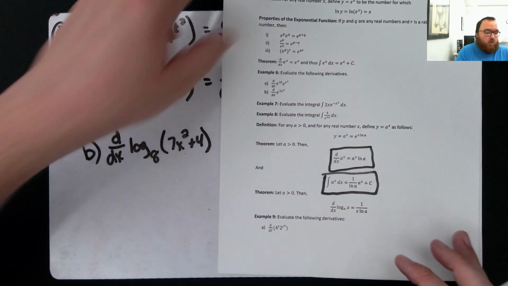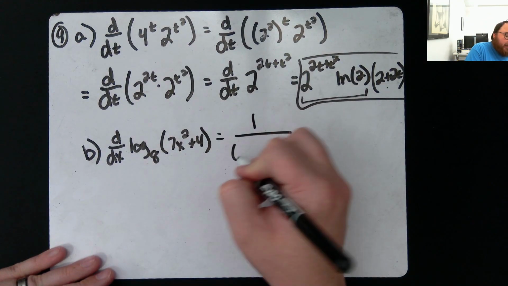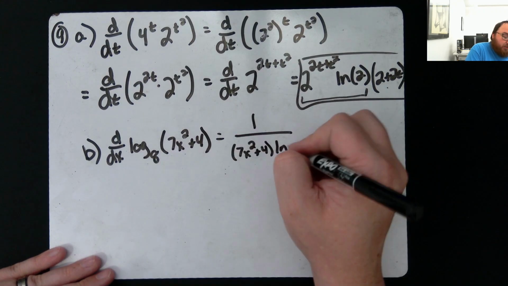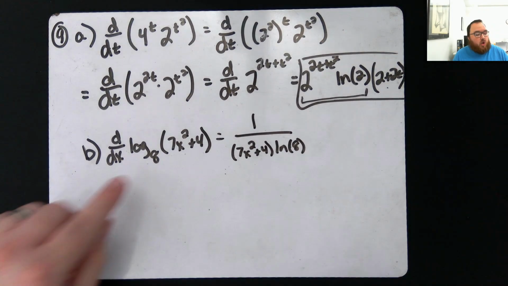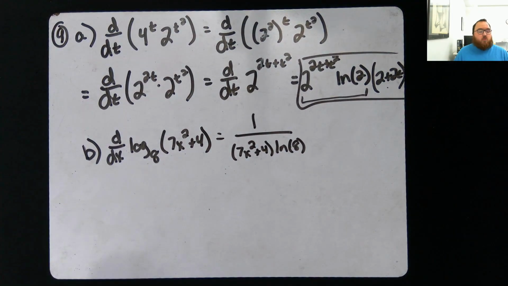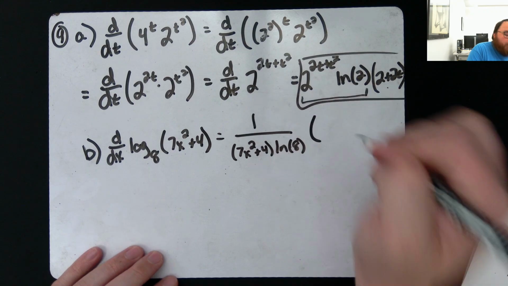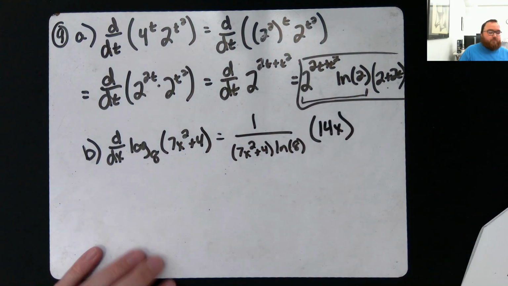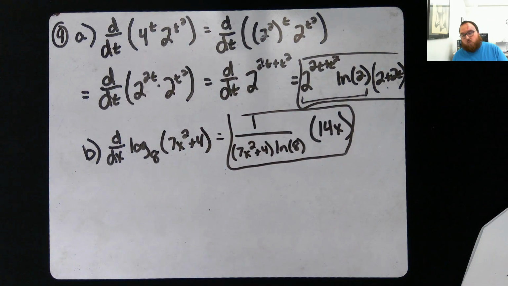So for this one, that would mean it's 1 over the inside stuff, which is 7x squared plus 4, times the natural log of my base, which is 8. But again, I cannot stop there because it's log of some stuff, which means I need to multiply this by the derivative of that stuff. The derivative of 7x squared plus 4 is 14x. Chain rule, once again.